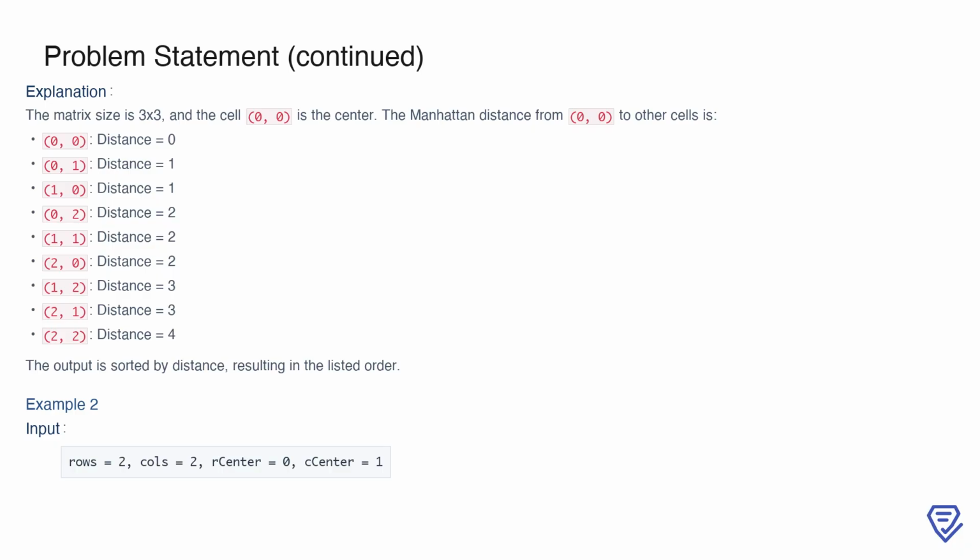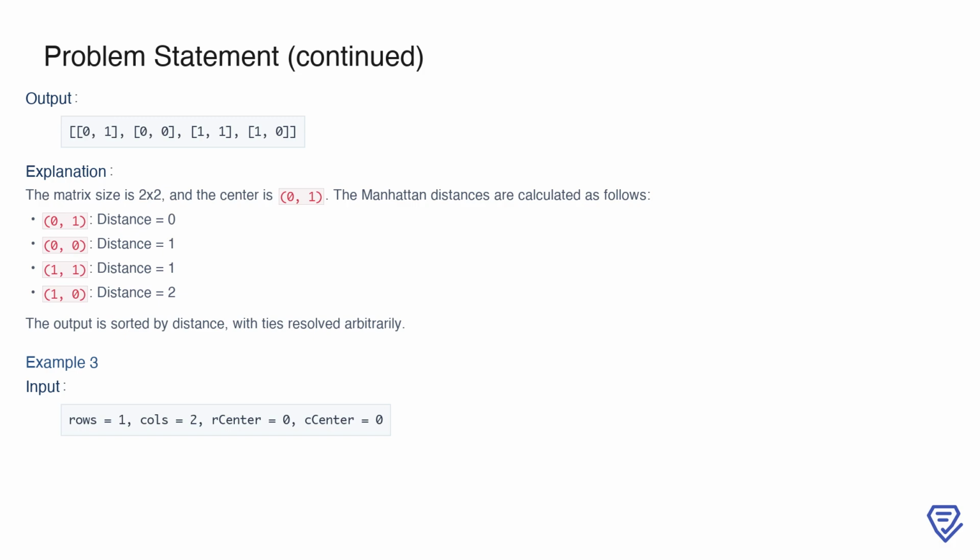In the second example, the input describes a 2x2 matrix with the center at 0, 1. The Manhattan distances are calculated as follows. The distance from 0, 1 to itself is 0. For 0, 0, the distance is 1, since the row doesn't change, but the column difference is 1.